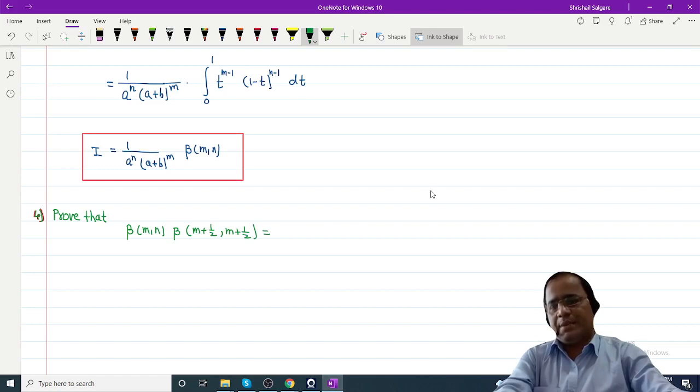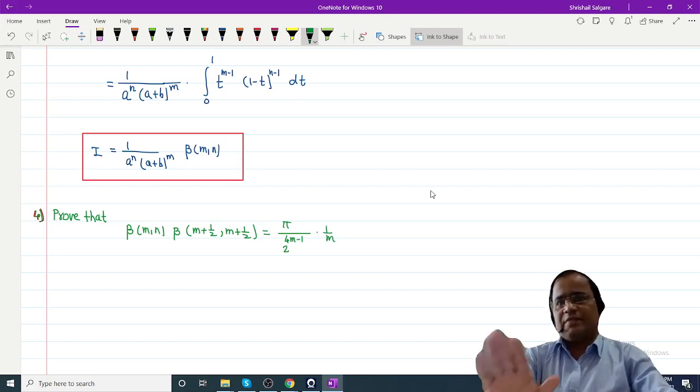If you take the multiplication of these two betas, it comes as pi divided by 2 raised to 4m minus 1 into 1 upon m. Okay, if we get something different, we will modify that.